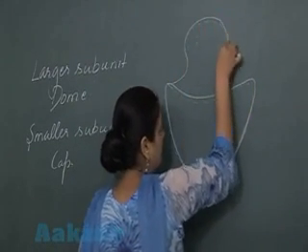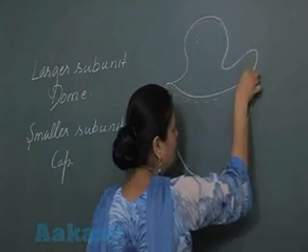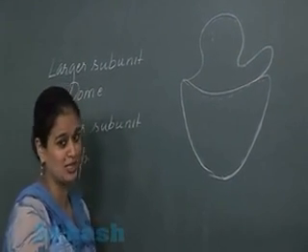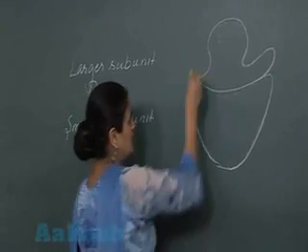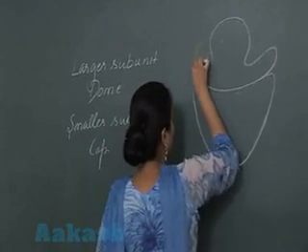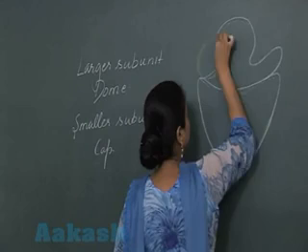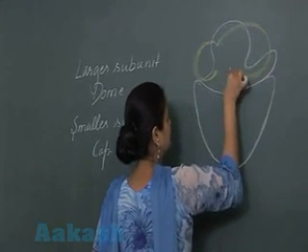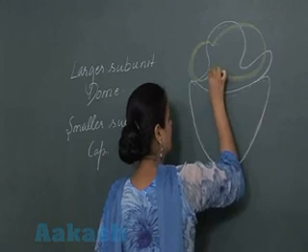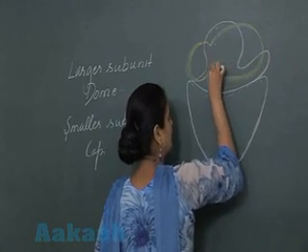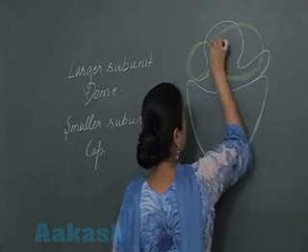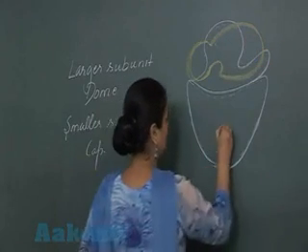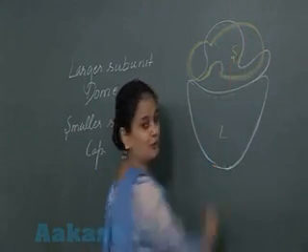And on top of this larger subunit there will be attachment of the smaller subunit. The smaller subunit has a cap-like structure. Right? So this is the larger subunit and this is the smaller subunit.